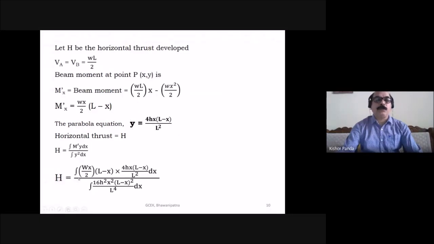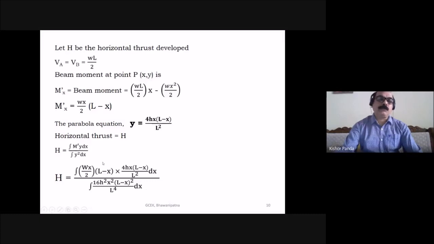The horizontal thrust is equal to integration of M', which is Wx by 2 into (L minus x), into the y ordinate, y equal to 4hx into (L minus x) by L squared. Put M' here and the y from the parabolic equation, y dx, divided by the integration of y squared dx. Taking the square of y, we get 16h squared x squared into (L minus x) whole squared divided by L to the fourth, dx.